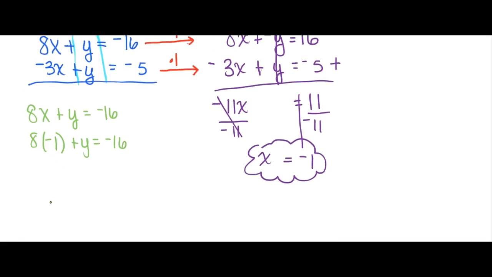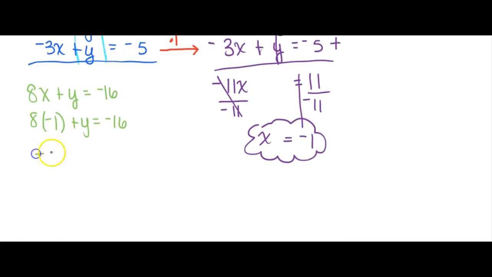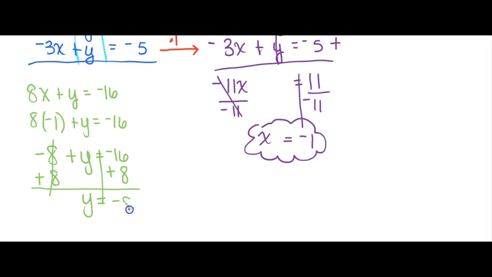Remember, we have to multiply first. So it's going to be -8 plus y equals -16. This is a -8, and the inverse, or the opposite, is going to be +8. So +8 plus 8, these cancel, and y equals -8.